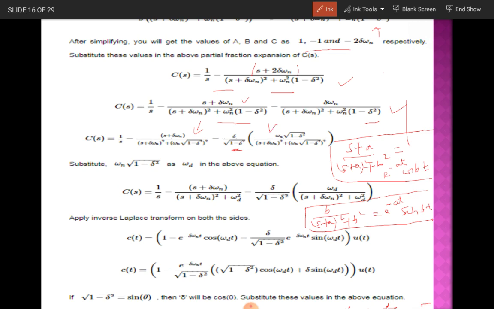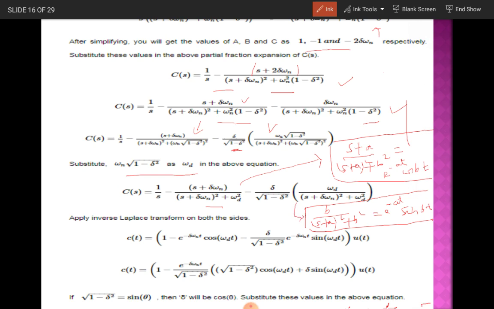So in order to take the inverse Laplace transform for our convenience, I am rewriting this expression into this expression. So now what I do is I replace omega_n square root of 1 - del^2 as omega_d. Then I write this expression into this form: C(s) = 1/s - (s + del omega_n)/((s + del omega_n)^2 + omega_d^2) - del/square root of 1 - del^2 into omega_d/((s + del omega_n)^2 + omega_d^2). So this is equivalent to this, whereas this is equivalent to this.